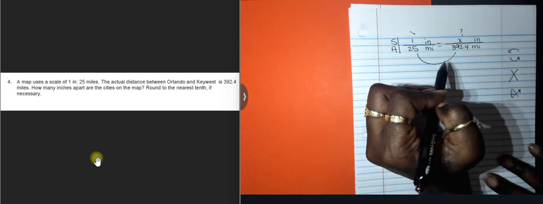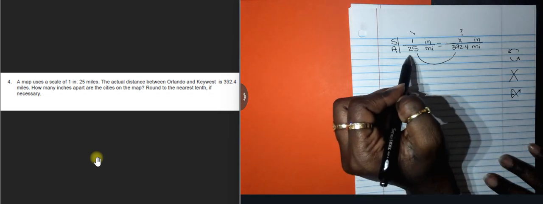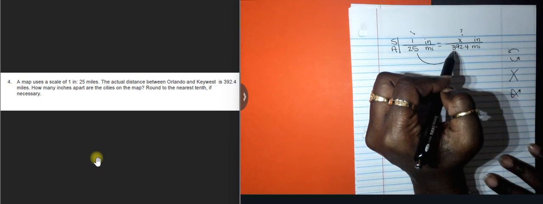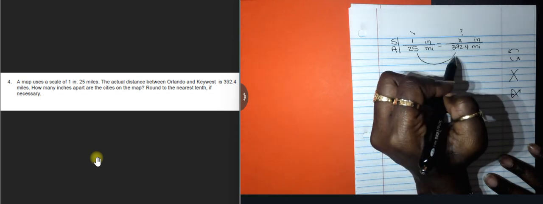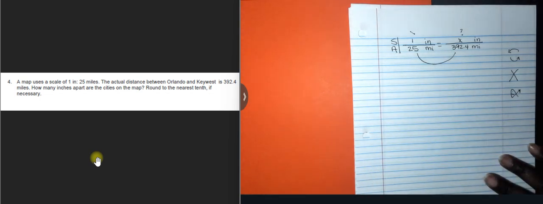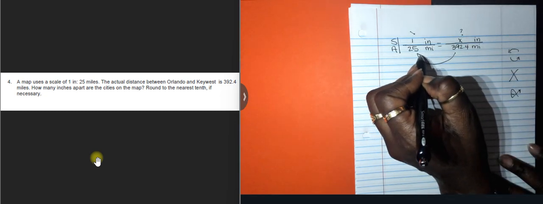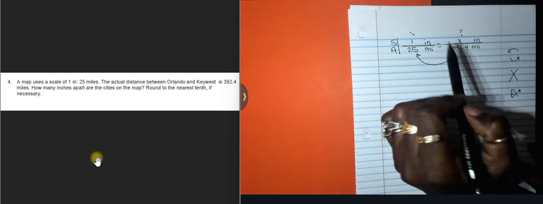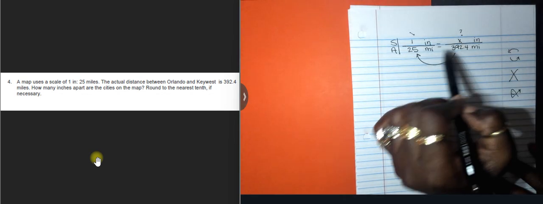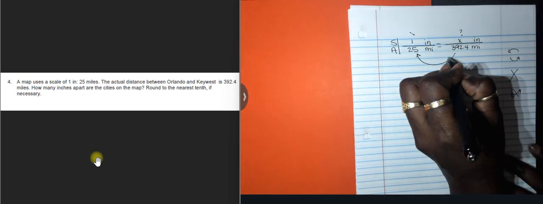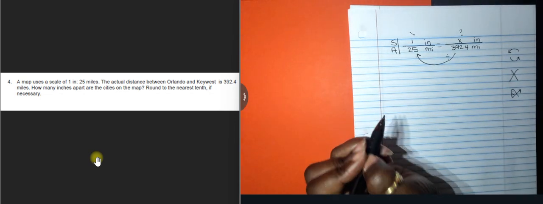I usually draw my arrow just so that I know I'm going from 25 to 392, which means I'm getting larger, but I don't know what number I would need to multiply to get 392.4 exactly. So I'm going to actually swap and go this way, right? I'm going 392.4 to 25, which means I'm getting smaller, so I need to use division.